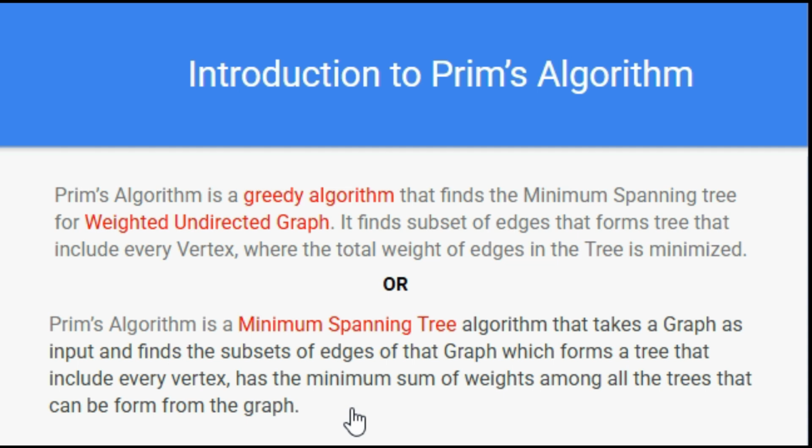So we are going to make a graph from the given graph in such a way that the cost is minimized, but every vertex should be there. This is the definition of Prim's algorithm. You will understand it in a very clear manner with the help of an example. So let's have a look at the example also.